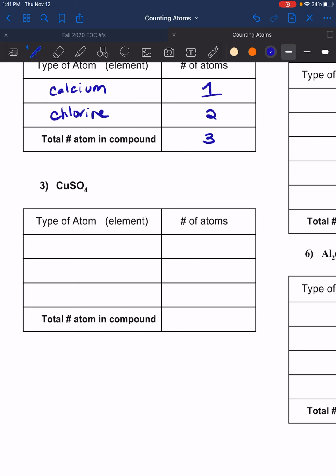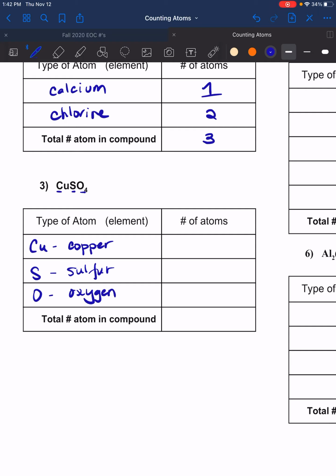For number 3, we have 3 capital letters. That tells us that there are 3 elements. If you look on your periodic table, Cu is copper, the S is sulfur, and the O is oxygen. The more you use these, the more you'll start to memorize them. Now, to count the number of atoms, we can look for subscripts.